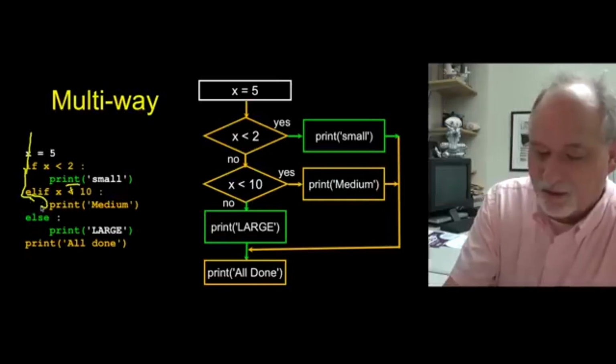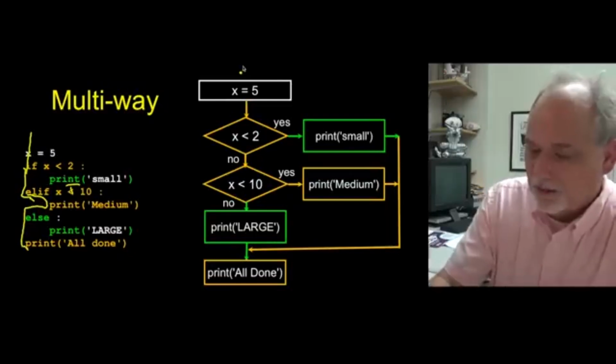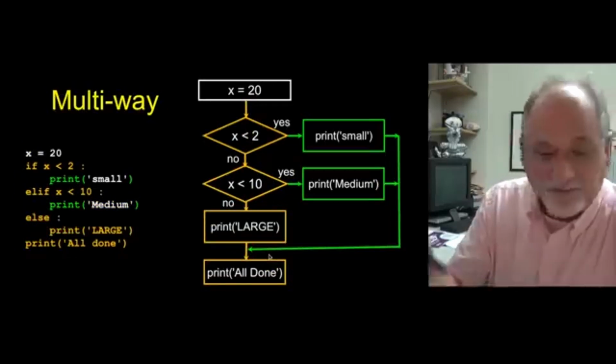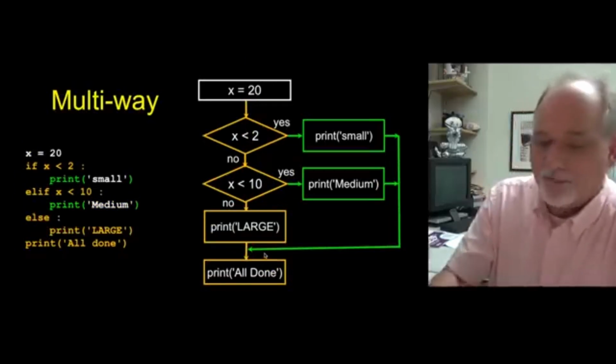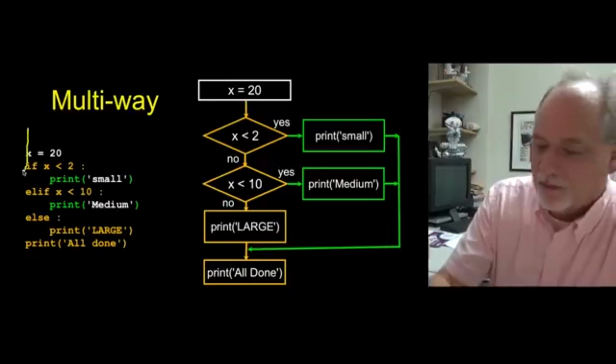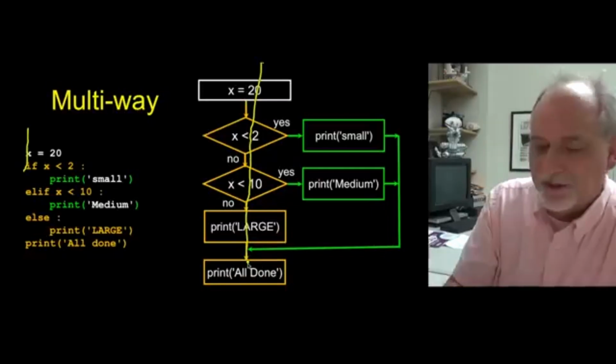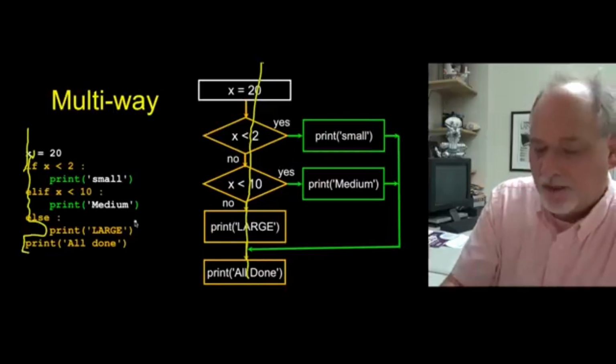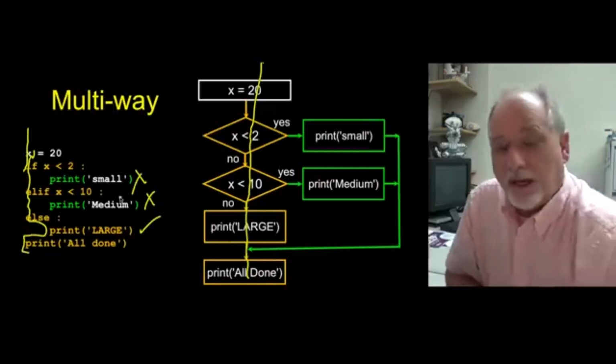It runs this code, and then it's done, skips to the end. It goes false, true, run, end. And then if x is like 20, for example, it runs false, false, run the else clause, and you're done. So in this case, we ran that, and we didn't run that, and we didn't run that.